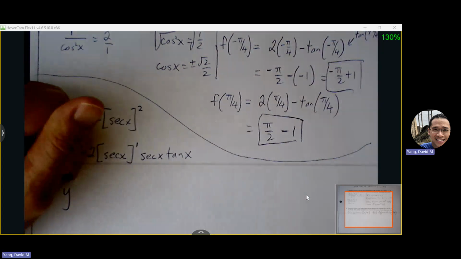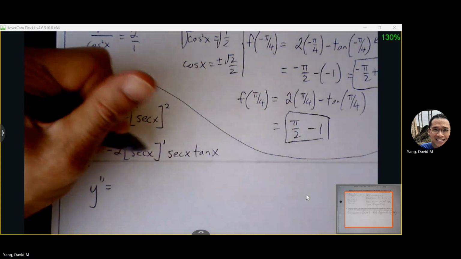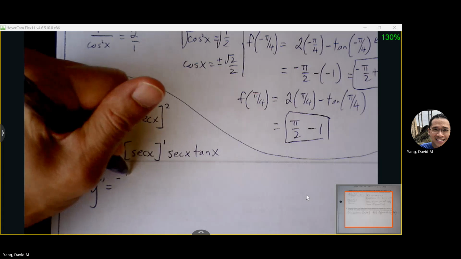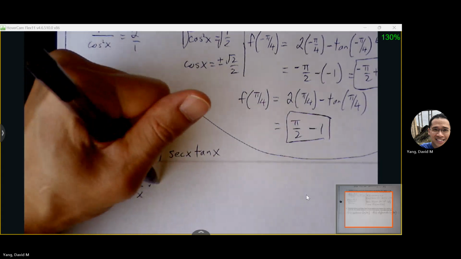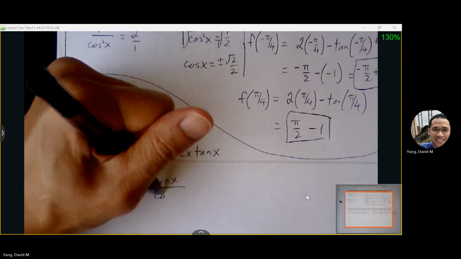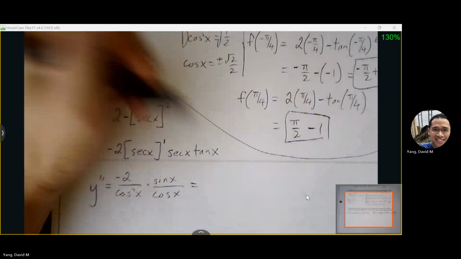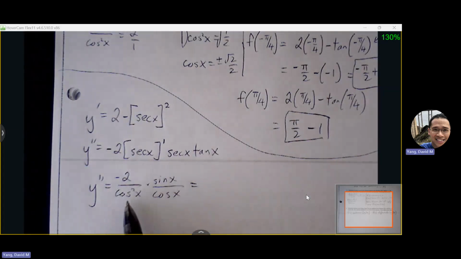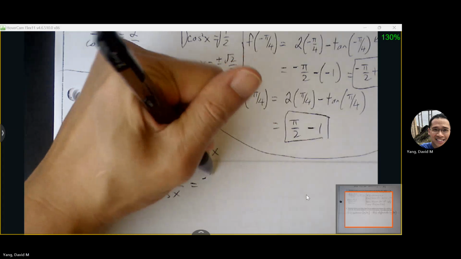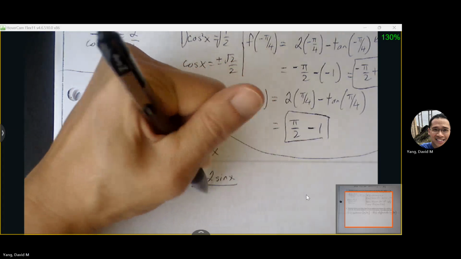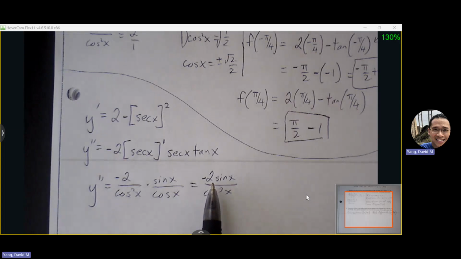Okay, let's get everything in terms of sine and cosine. Makes it easier for us to find our critical points. Secant is the same thing as 1 over cosine, with cosine in the denominator. Tangent is the same thing as sine over cosine. So critical points can come from both numerator and denominator.